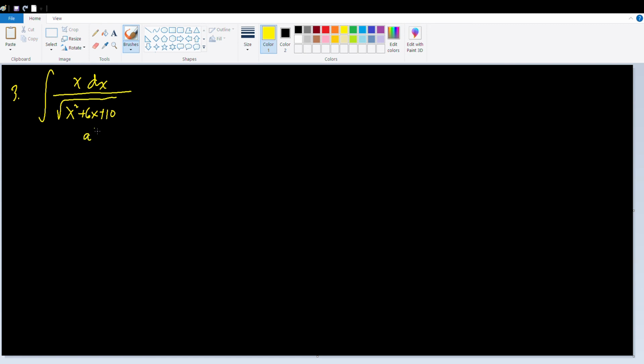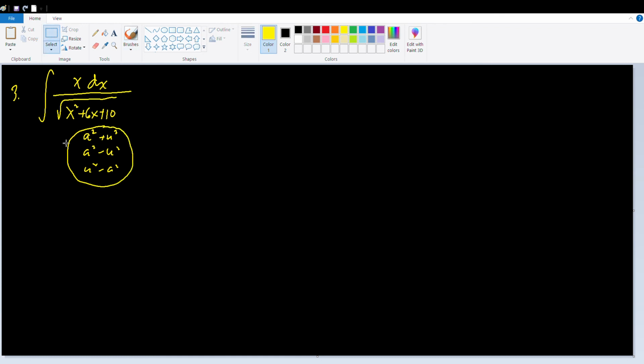There's no exact form a squared plus u squared or a squared minus u squared or u squared minus a squared. None of this appears in our radical.